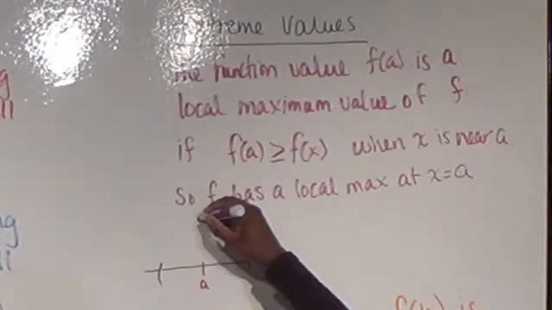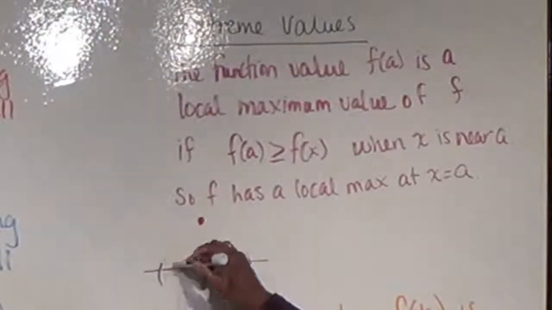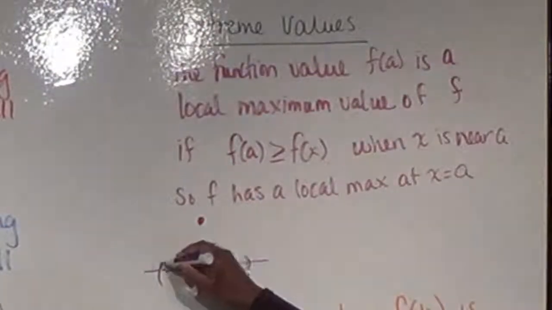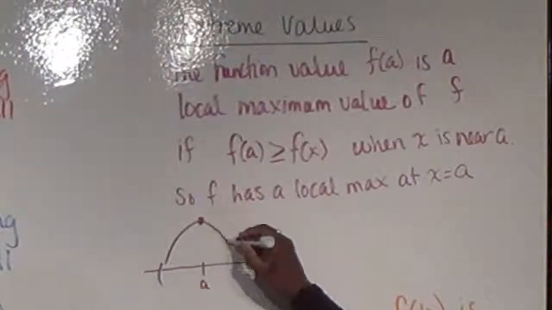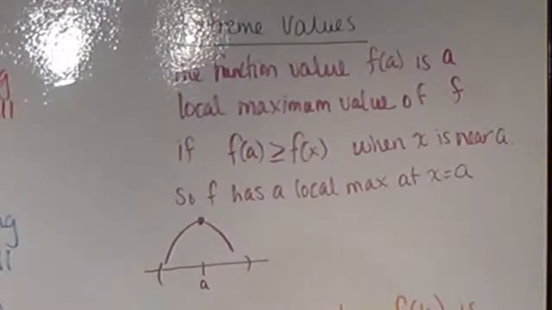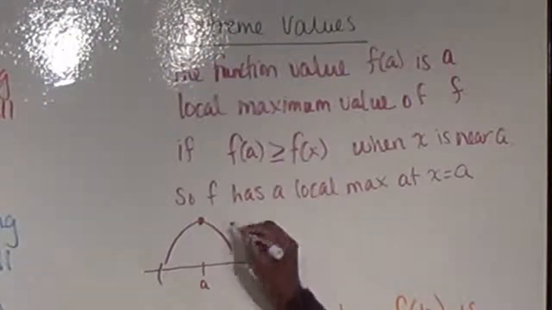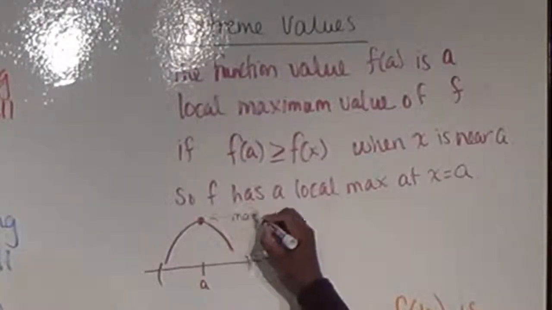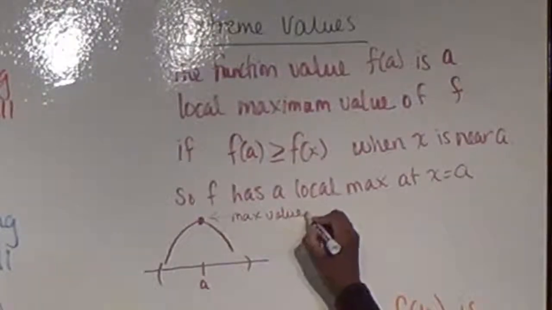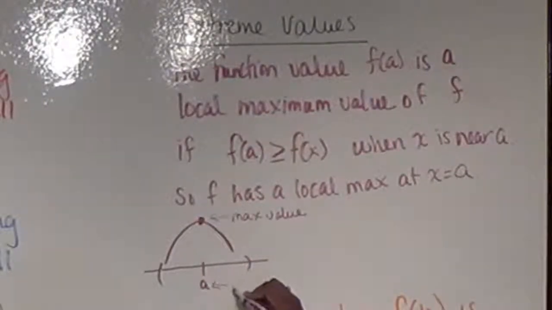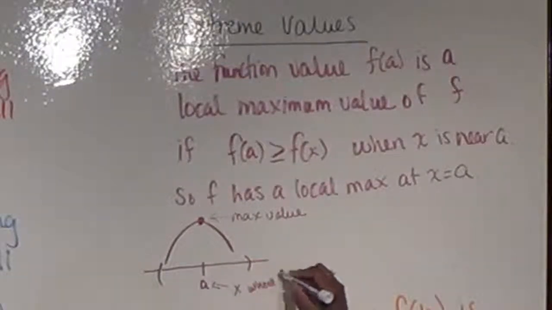But if I look at the value here, and every other value is less than that, so something that looks like this, then this is the max value, and this is the point, or the x, where the max occurs.